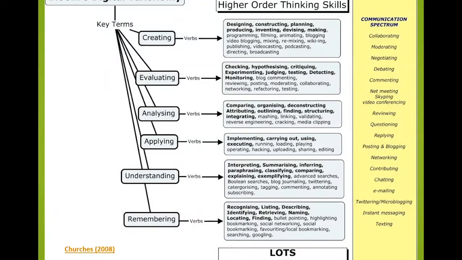So many of us are familiar, I think, with the traditional Bloom's taxonomy. It's our best friend in terms of using it to set our learning objectives. On the screen, we have the Bloom's digital taxonomy, which is complementary to the traditional taxonomy, which has been revised.